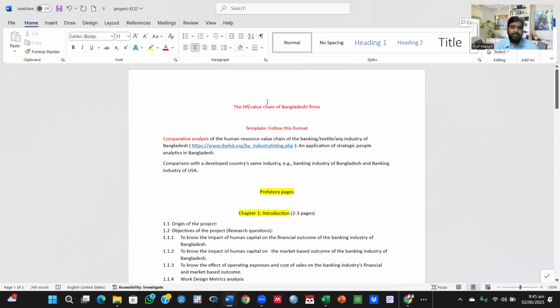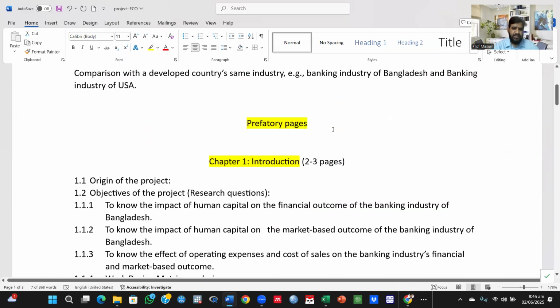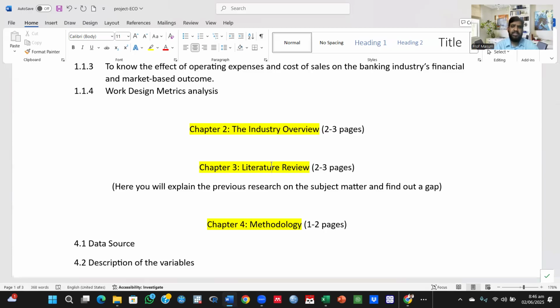So while you are writing a report on HR value chain of Bangladeshi firms, you can add some special features. Say, for example, the firms listed in DSE, Bangladesh, or something else. Then you will write the literature review, HR value chain of Bangladesh.